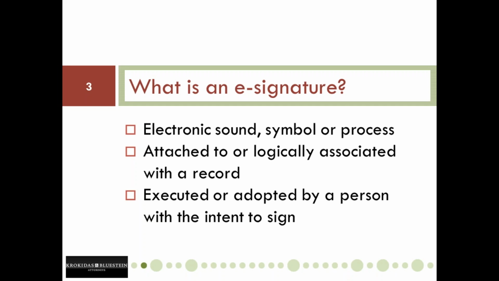With regard to the third element, it's much more interesting. Executed or adopted by a person with the intent to sign. The key aspect of that is intent to sign. When you're thinking about intent, the principal inquiry is determining whether that party did indeed intend to be bound by the terms of the contract.